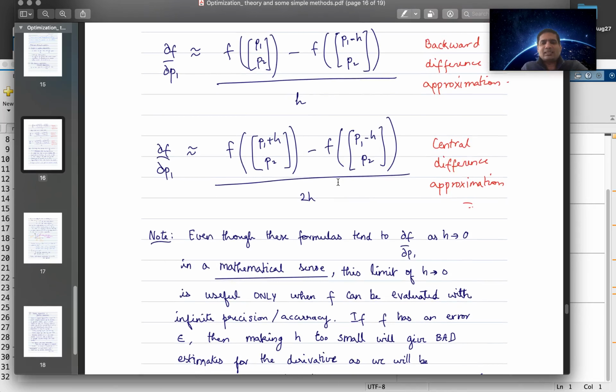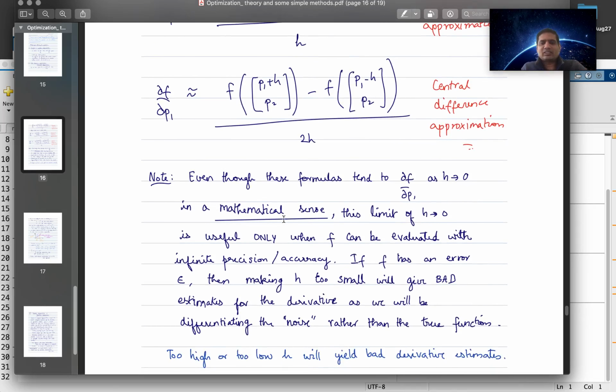But it turns out that the sense in which this ratio goes to the derivative as h goes to 0 is true only in the strictly mathematical sense, when f can be evaluated to infinite precision.